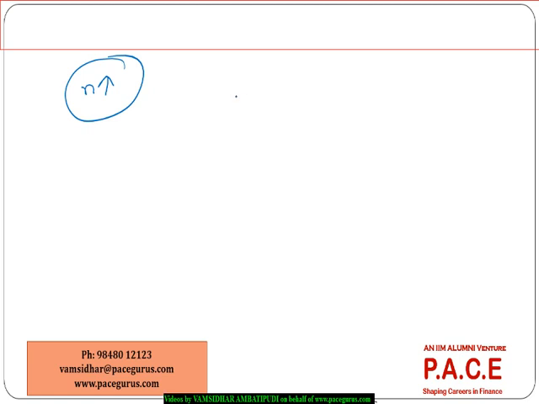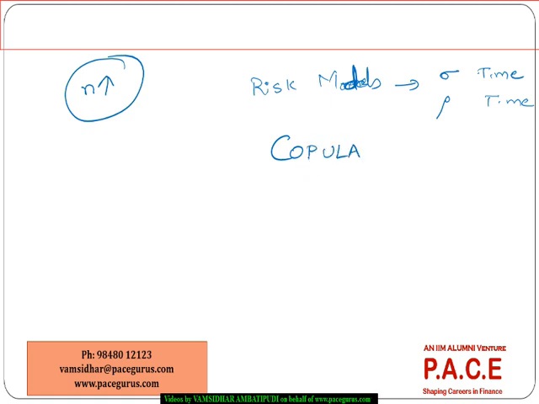And especially when I talk about the risk models, where we see that the sigmas change with time, the volatility changes with time, the correlation also changes with time, where different kinds of behaviors are possible. In this case, rather than looking at co-skewness and co-kurtosises, we use models called copula models.